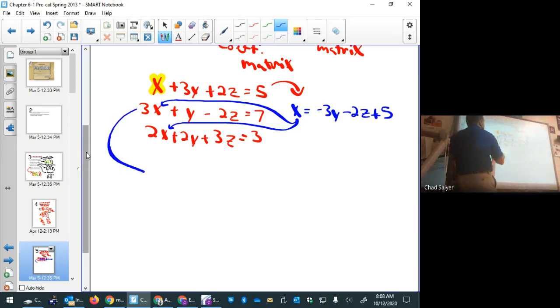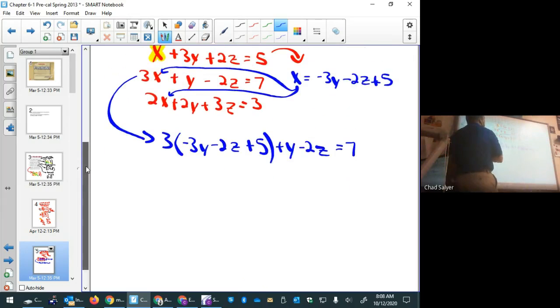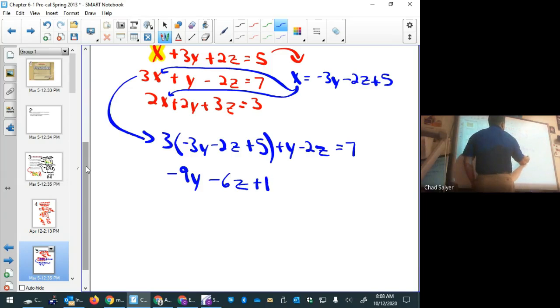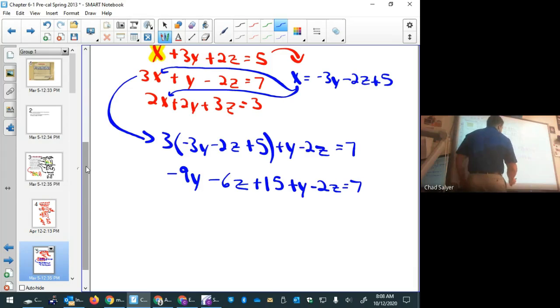First of all, in the second equation. So this is 3 times negative 3y minus 2z plus 5, plus y minus 2z equals 7. So if I simplify this mess, I get negative 9y minus 6z plus 15 plus y minus 2z equals 7.